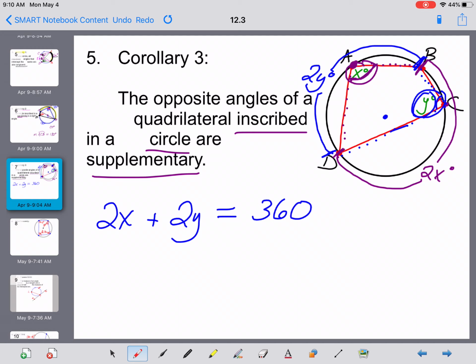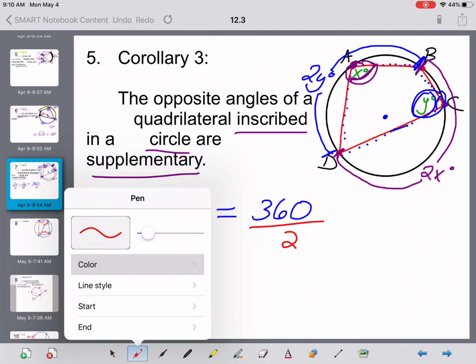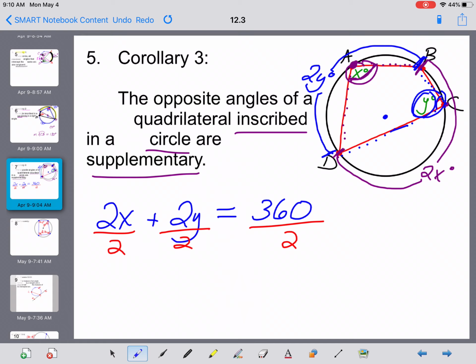And now, we're just going to take advantage of a little fact we don't use too often, but the division property of equality says we can divide both sides of an equation by any number we want besides 0. And when we divide the entire left side by 2, what we're really doing is dividing each term individually by 2. Let's see what happens, guys. 2x divided by 2 is x, 2y divided by 2 is y, and 360 divided by 2 is 180.